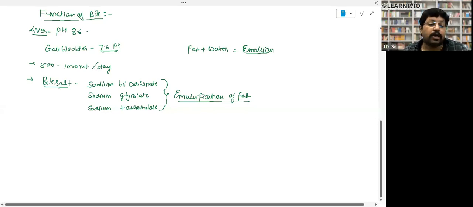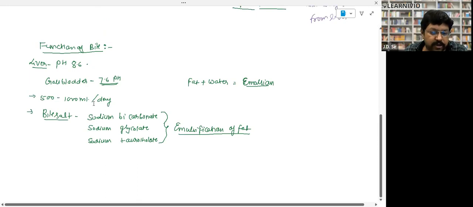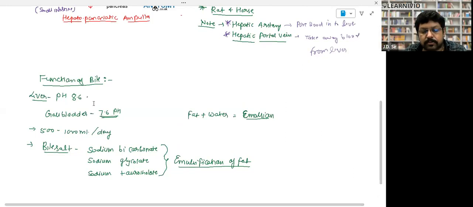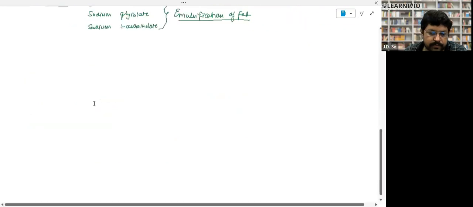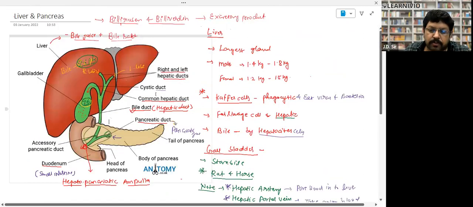Bile salts are a combination of sodium bicarbonate, sodium glycolate, sodium taurocholate. All these salts are responsible for emulsification of the fat. Tell me if you have any doubt about the bile salt. So these are the questions from liver.